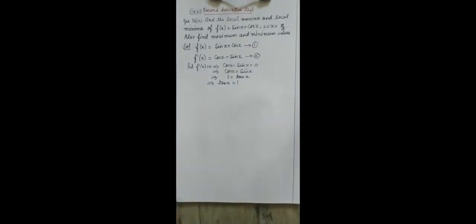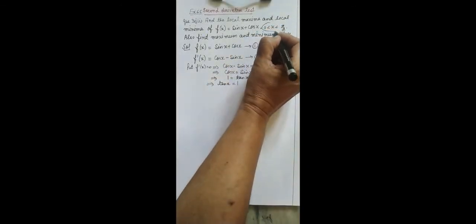Now dear students, you can see that tan x is a positive quantity, so x will either lie in the first quadrant or in the third quadrant. But can you see what is the given domain of this question? The given domain is only the first quadrant, 0 to pi by 2.